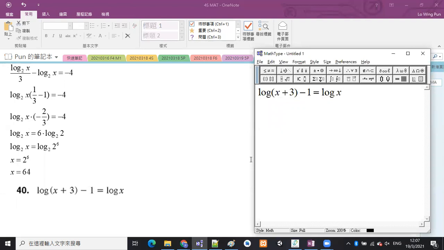So I'm going to move the log x to the left and move the 1 to the right, like this, and then we can use the property of log. Log m minus log n becomes log m over n. Okay, so you can merge the two logs together.